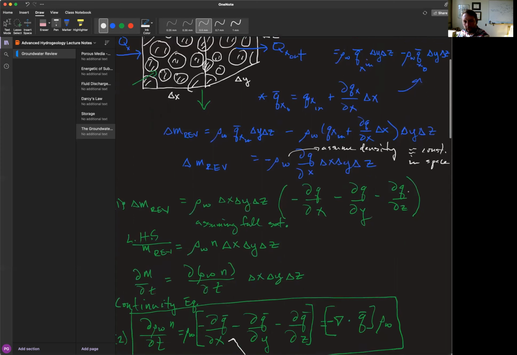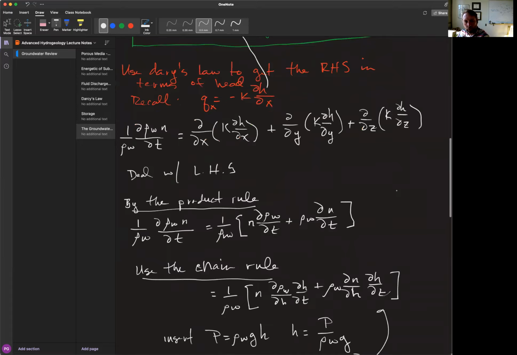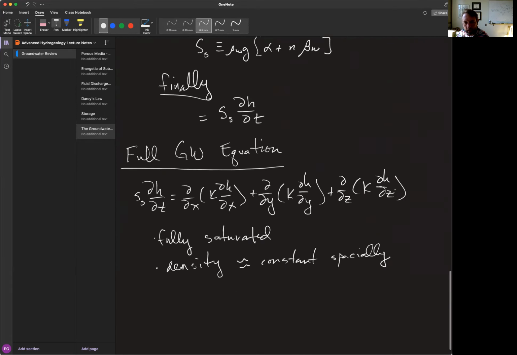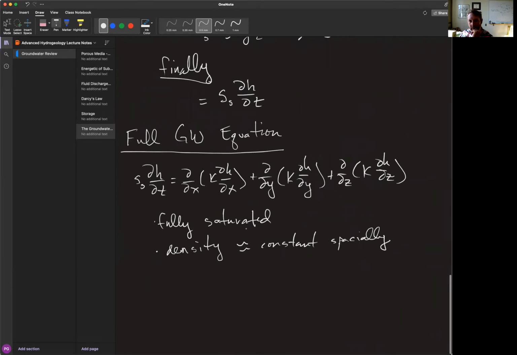All right. So fully saturated, density roughly constant spatially. And that's pretty much the main limitation on this equation. So this is our particular version of the groundwater flow equation that we just derived. It's valid for fully saturated aquifers where the density is roughly constant spatially.